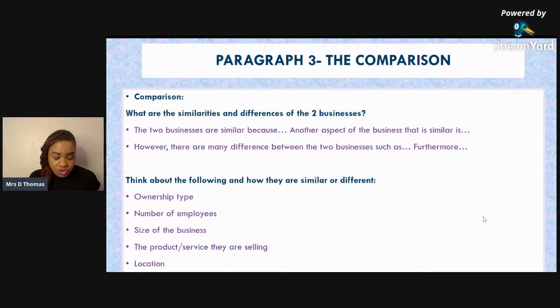And what you need to do is to compare. If they're both sole traders, then it's a similarity. If one is a sole trader and one is a partnership, then that's a difference.